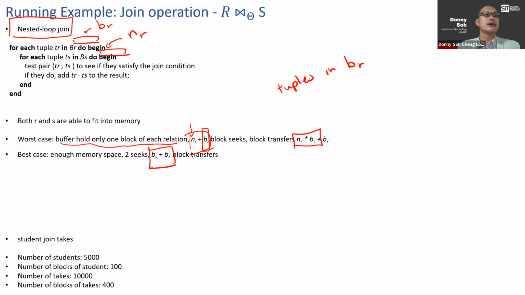This occurs BR number of times, and this occurs the number of tuples, which is NR number of times. And so the number of disk accesses for the nested loop join is going to be equal to NR plus BR.